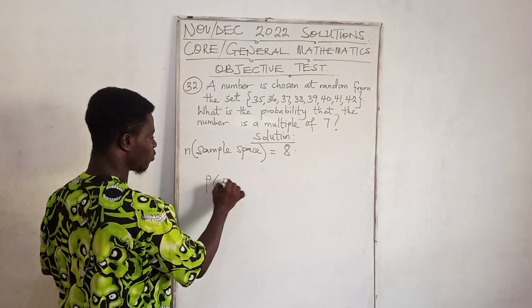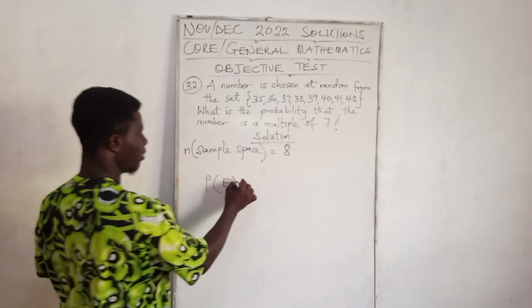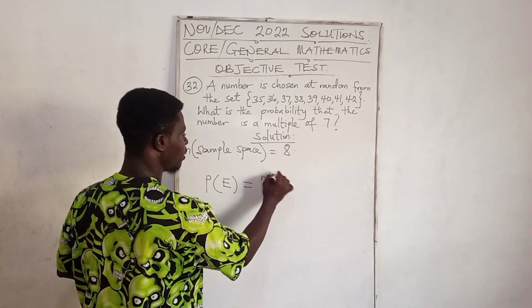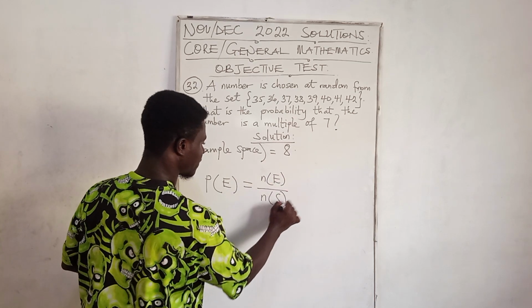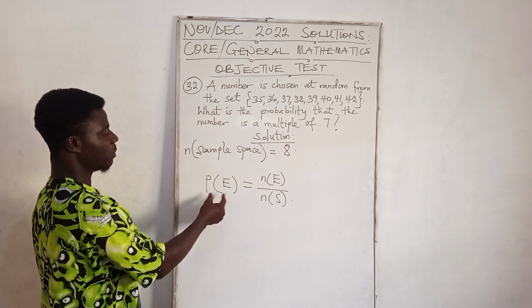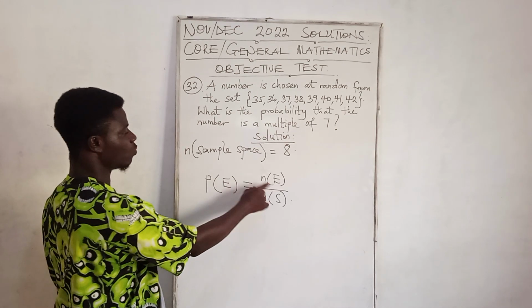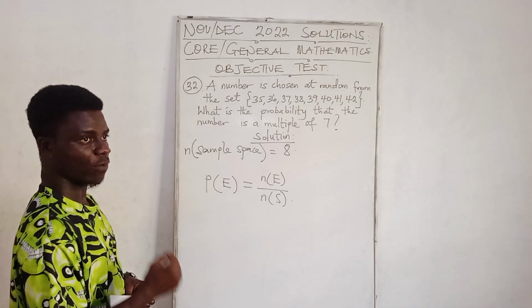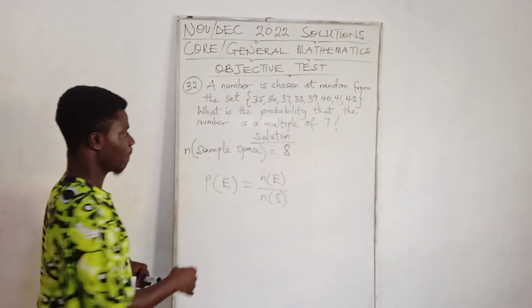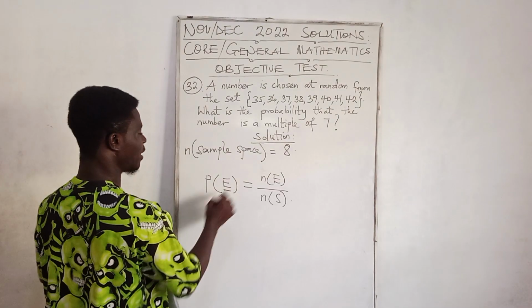Probability of an event, P of E, must be equal to N of E divided by N of S. That is, the number of events divided by the number of sample space. So we need to get our event.